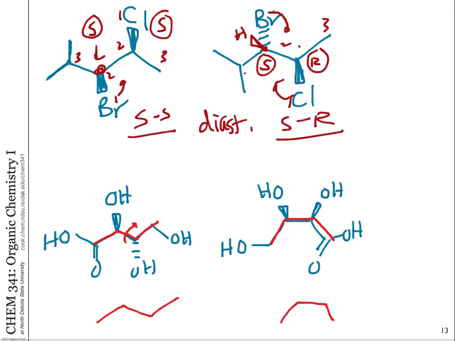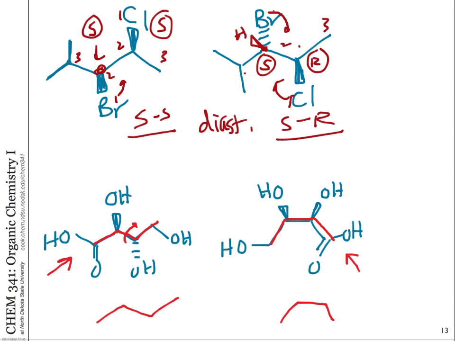The easiest way to really tell the difference is to, again, assign the absolute configuration as S or R and then compare directly. Notice I've also switched the molecule around, so I have the carboxylic acid group on the left side here, and I have it on the right side here. So I've made a few different changes in how I've presented or oriented the molecule.